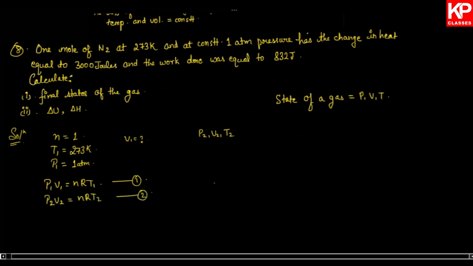Based upon this relation, P1 V1 upon T1 is equal to P2 V2 upon T2. Now in the question the pressure is constant at 1 atm, so P1 is equal to P2, equal to 1 atm. So it is basically an isobaric process.